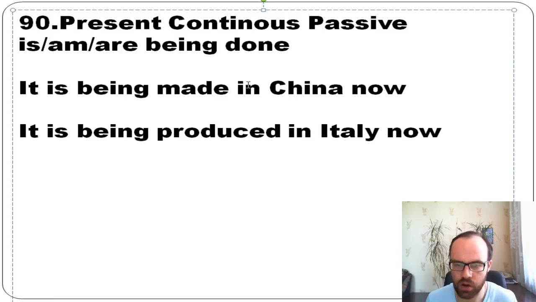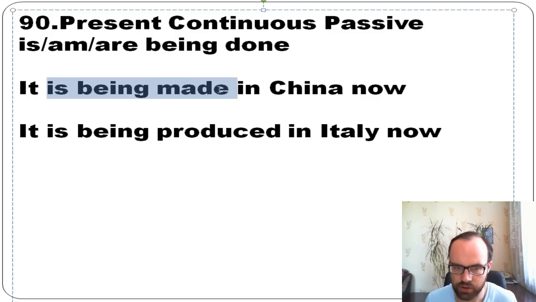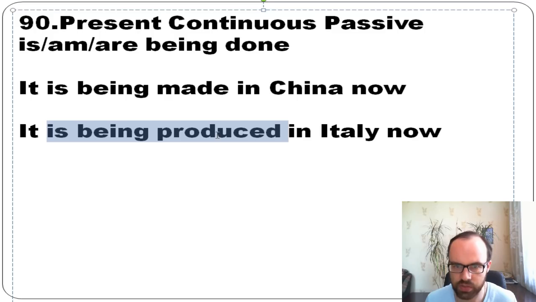So if it's happening now, and if it's being done by someone, you use the form to be plus being plus past participle. It is being produced in Italy now.